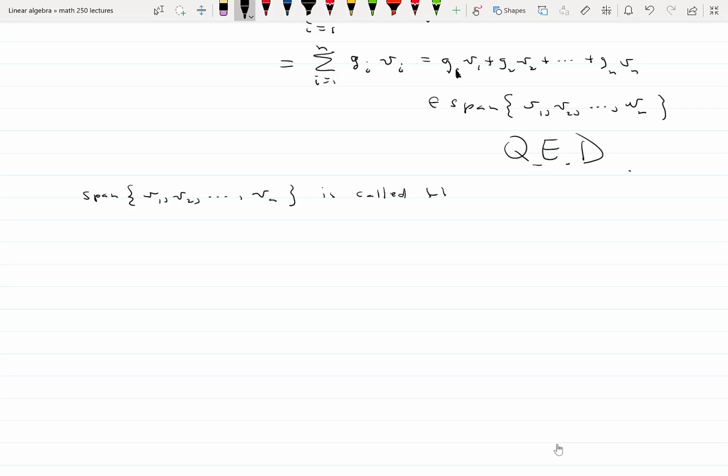I'm going to write this in red: the subspace of V spanned by V1 all the way up to Vn. The span of a set of vectors is called the subspace of V that's spanned by V1 to Vn.